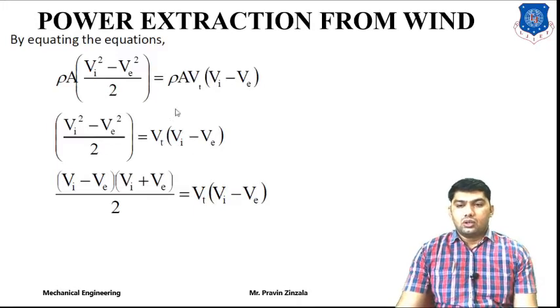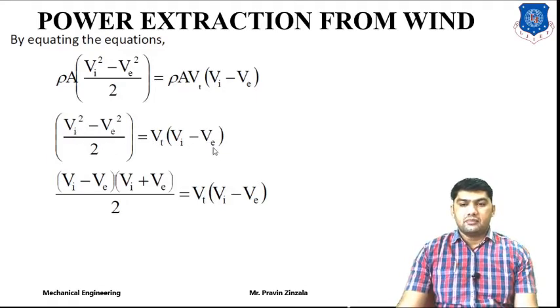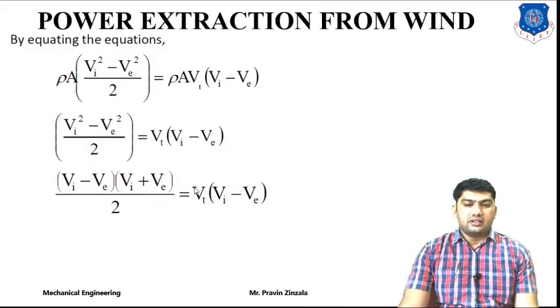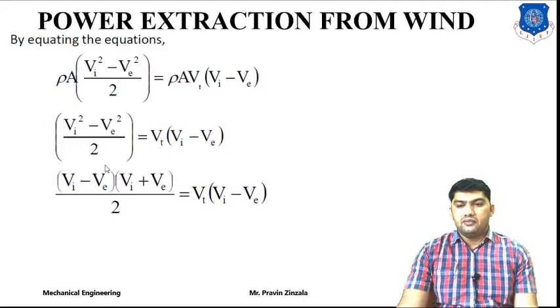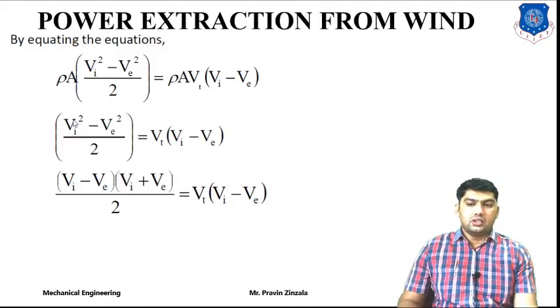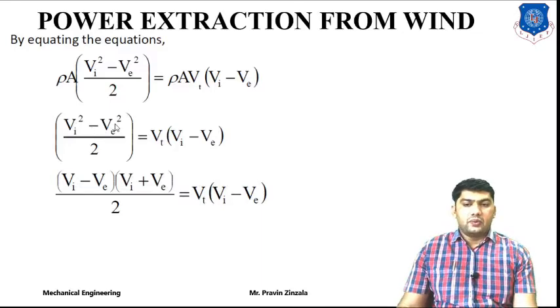By simplification, rho A will be cancelled. So (Vi square minus V square) by 2 is equal to Vt (Vi minus Ve). So we get the final equation for Vt, where Vi minus V can be cancelled, because Vi square minus V square can be written as (Vi minus V) into (Vi plus Ve). It is the mathematical identity.